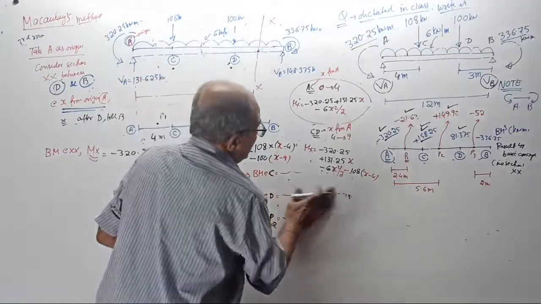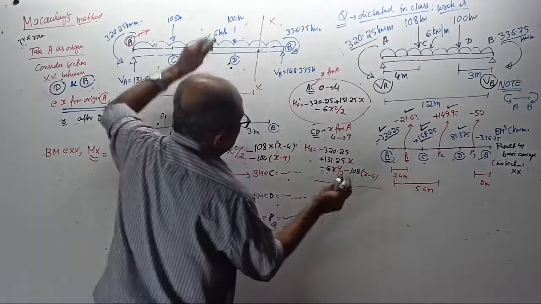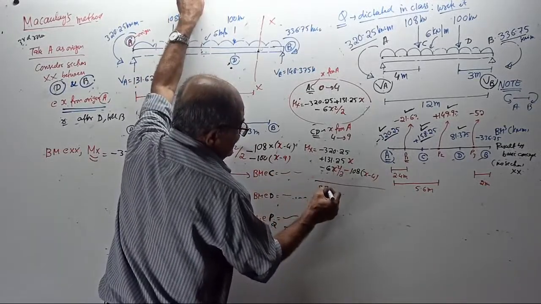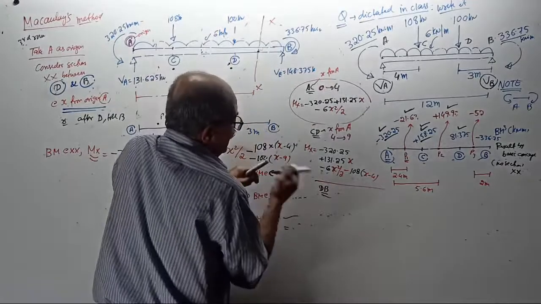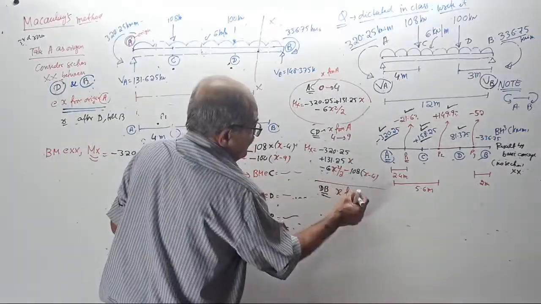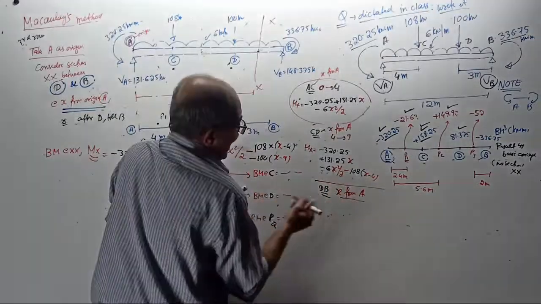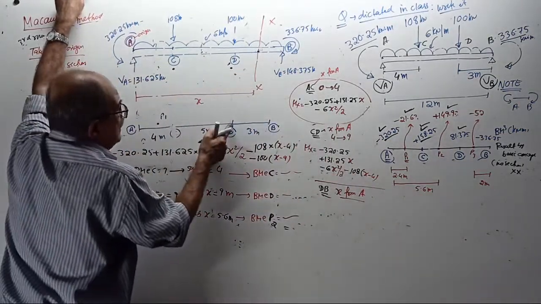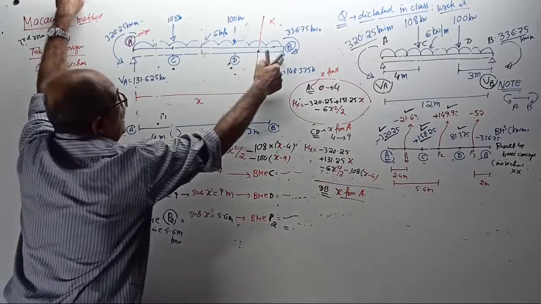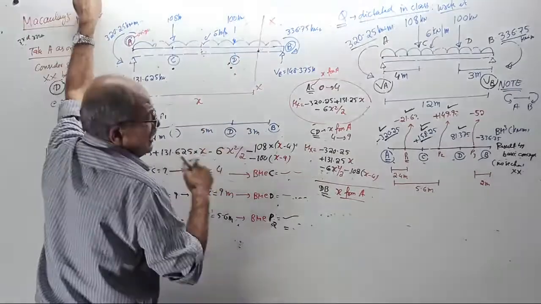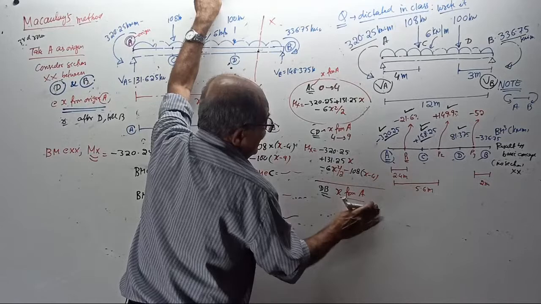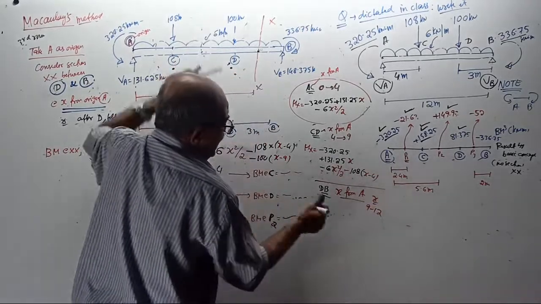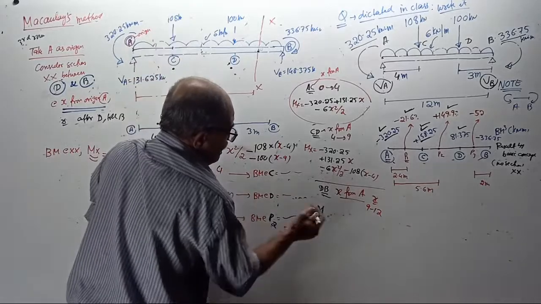Okay, now I'll write here. Later, when I consider the DB portion, I took once again X from A only. D means X equal to 9 meter from A, B means X equal to 12 meter. X varies from 9 to 12.